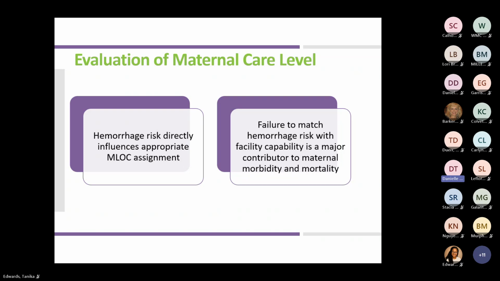It's important to note as well, if there's a failure to match the hemorrhage risk, then this lack of timely movement can be a major contributor to both maternal morbidity and mortality.